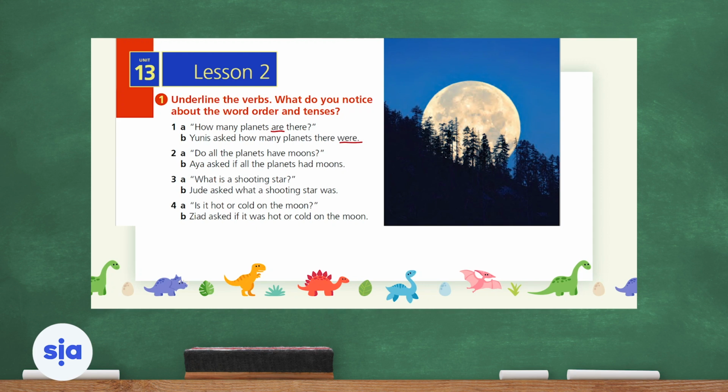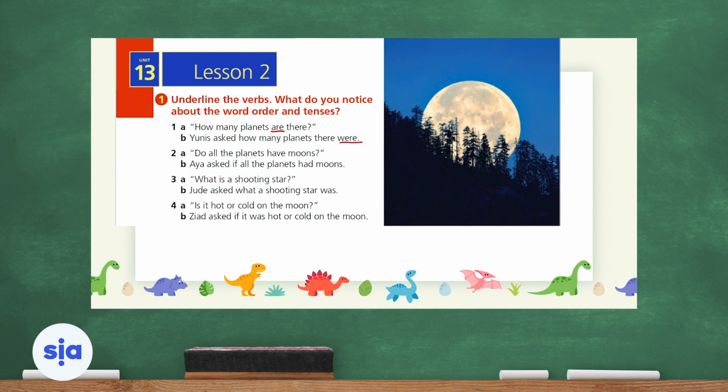Now let's look at number 3. What is a shooting star? Jude asked what a shooting star was. So now the first part is a question and it is using the present tense, whereas the second one is using the past tense, asked and was. Let's look at number 4, which is: is it hot or cold on the moon?